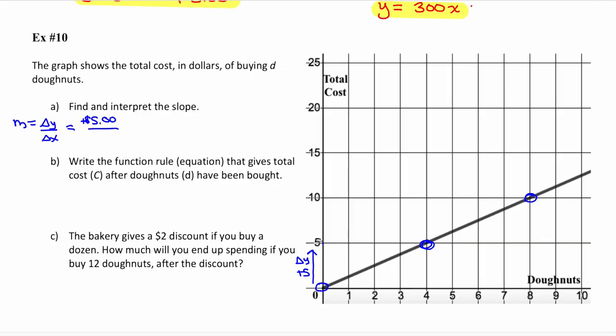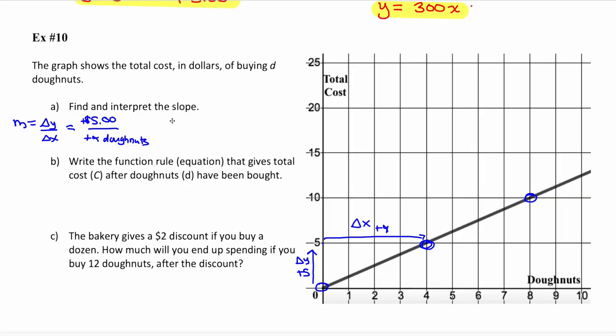Divided by our change in x, which goes to the right, 4 donuts. So change in x is positive 4 donuts.